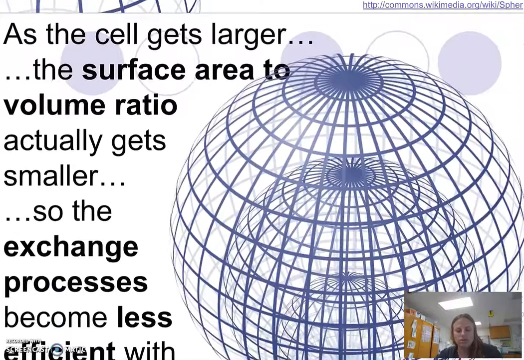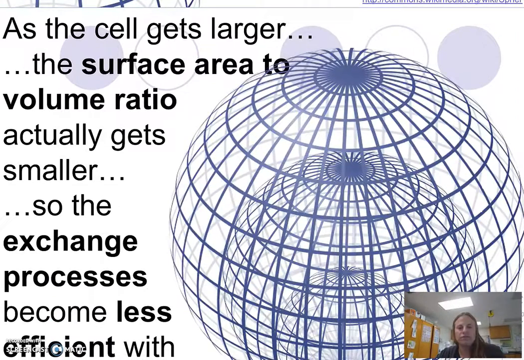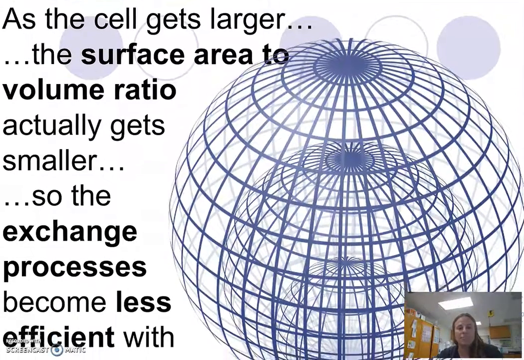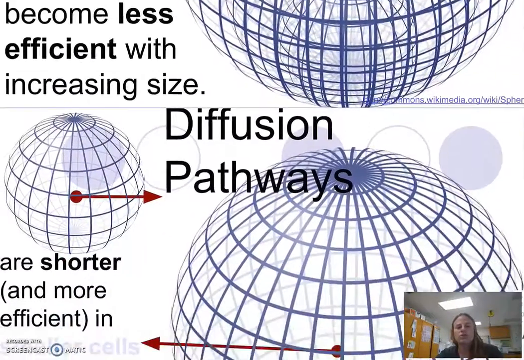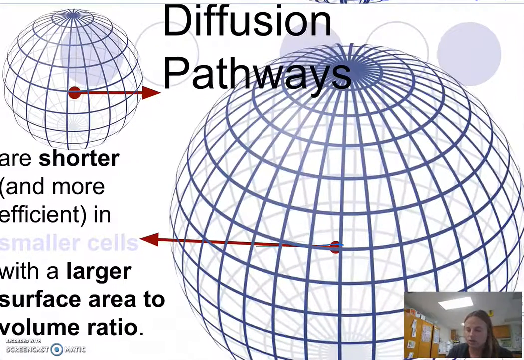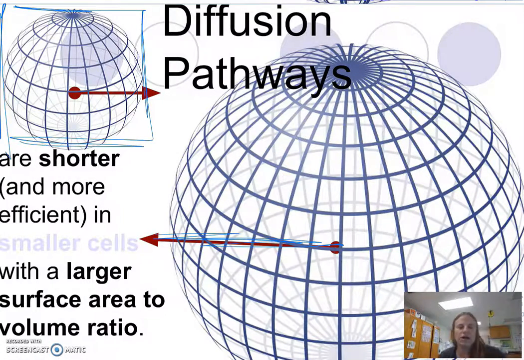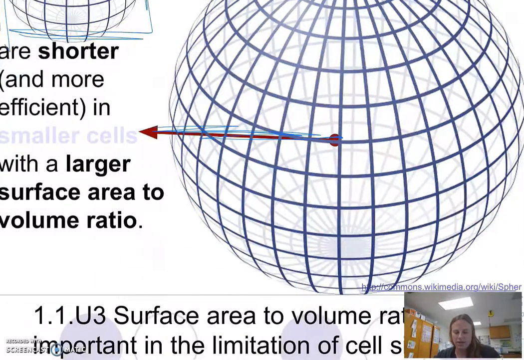So as the cell gets larger, the surface area to volume ratio gets smaller. And we don't want that because then the exchange process becomes less efficient. Our diffusion pathways are longer when I have a smaller surface area to volume ratio. What we want is a large surface area to volume ratio. That gives you a shorter and more efficient diffusion pathway.